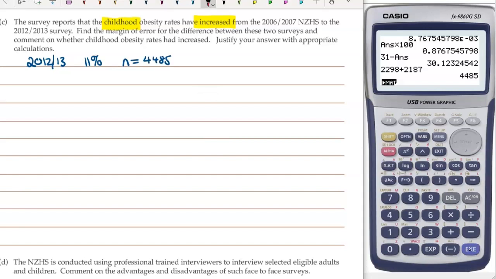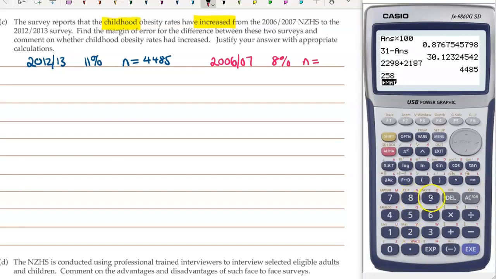Now, in 2006 to 7, the last bullet point on the child obesity statistics tells us it was at 8%. And then from the table, we've got 2,589 boys and 2,332 girls.